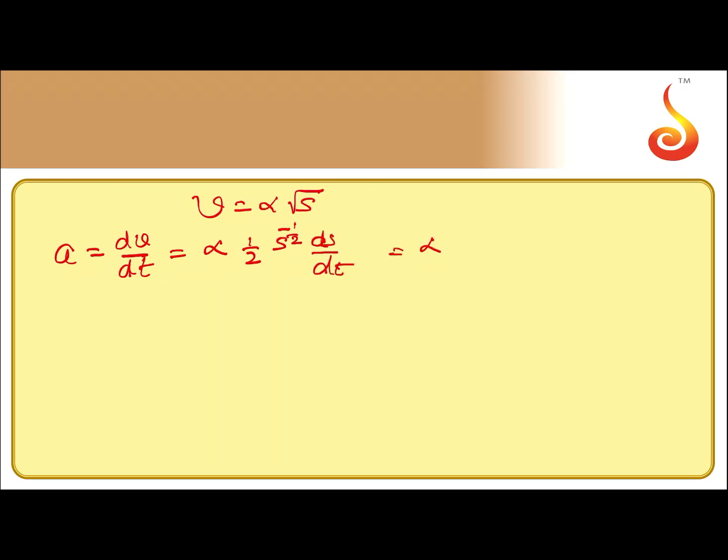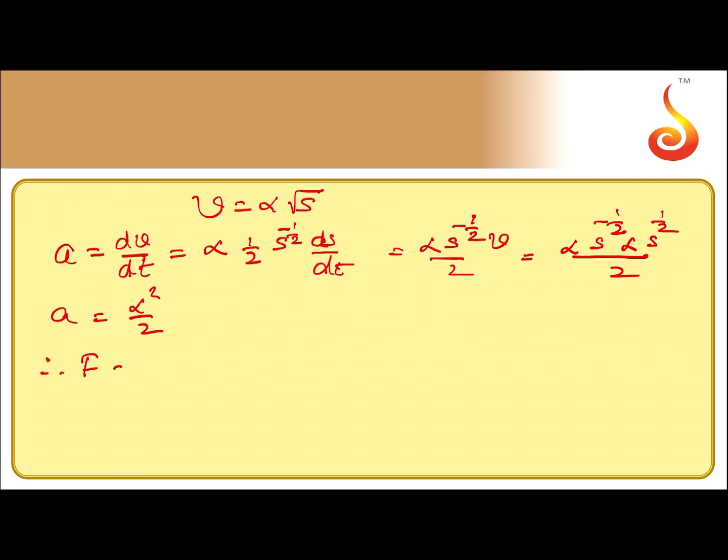That is alpha into s to the power of minus 1 by 2 into v divided by 2. But v is also known to us, that is alpha root s. So alpha s to the power of minus 1 by 2, v itself is alpha s to the power of 1 by 2, whole divided by 2. And this simplifies to alpha square divided by 2. So acceleration is alpha square by 2.